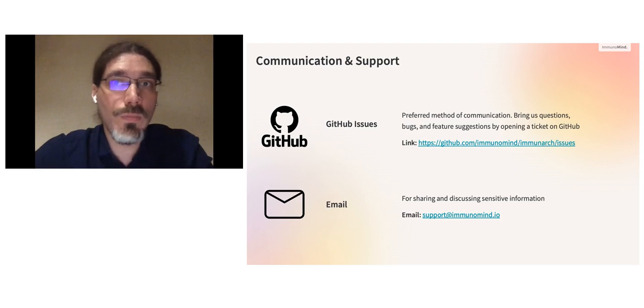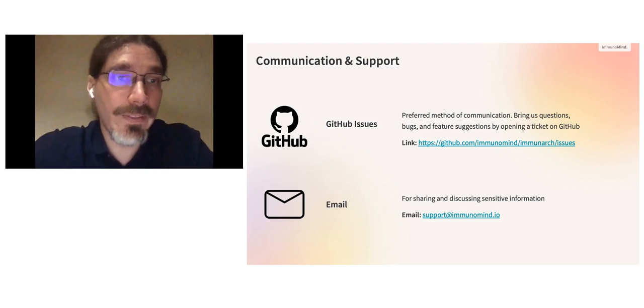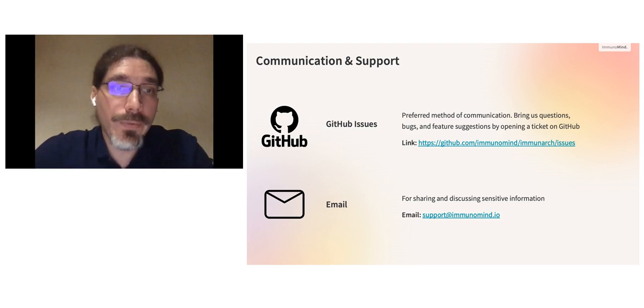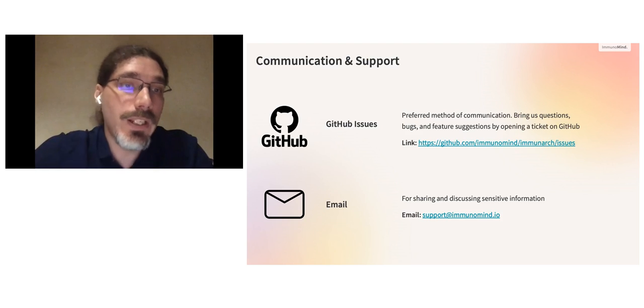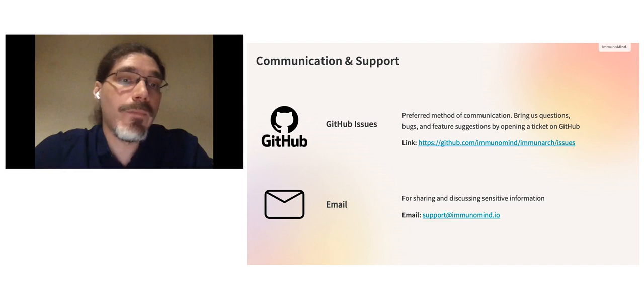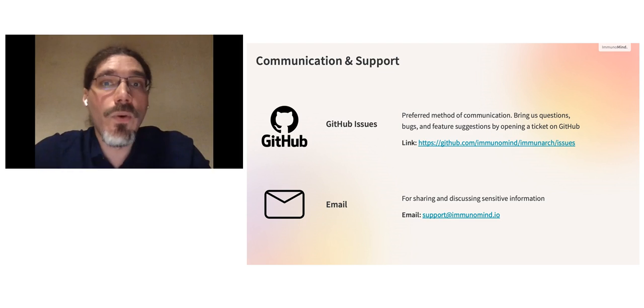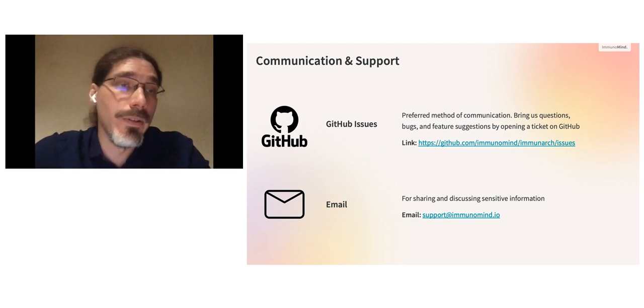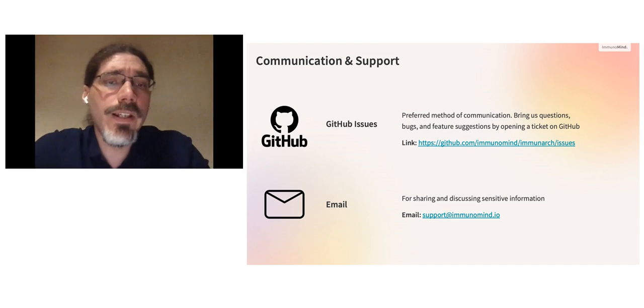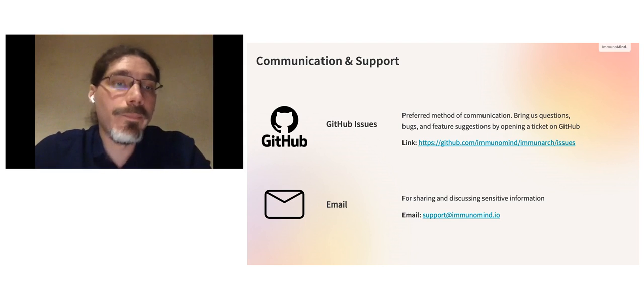How to communicate with us? The most preferred way is, of course, GitHub issues, because it's a centralized place for development, and the communication is extremely convenient. Here is a link to the GitHub issues. So if you have a question, a suggestion, a bug, you just need to register on GitHub and open a ticket here.